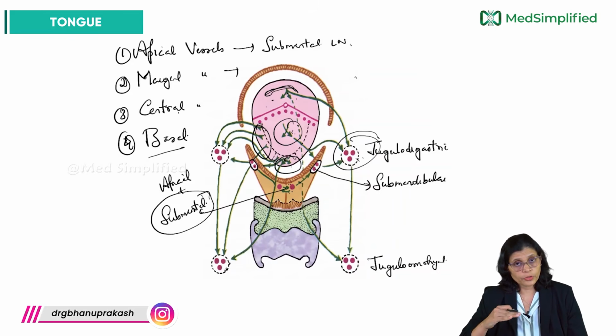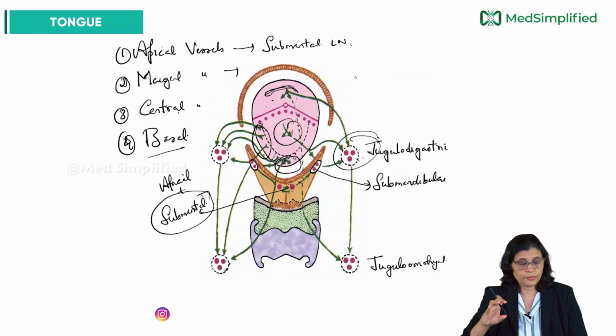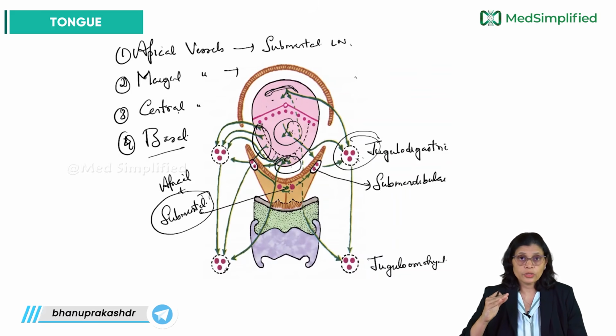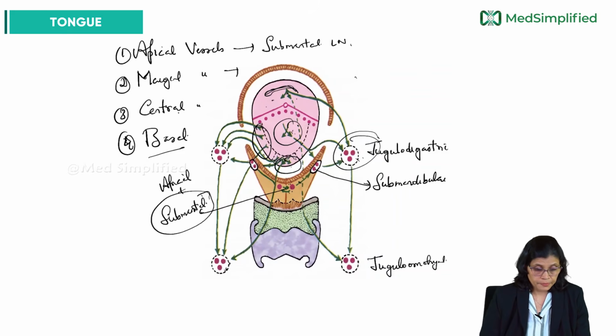And you should also remember that anterior 2/3 tongue cancers are more common than the posterior 1/3, and posterior 1/3 cancers have very poor prognosis because of the communication and spread to the contralateral side, whereas anterior 2/3 of the tongue has good prognosis compared to the posterior 1/3.